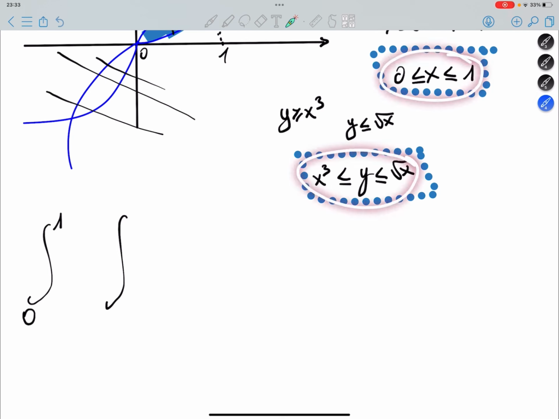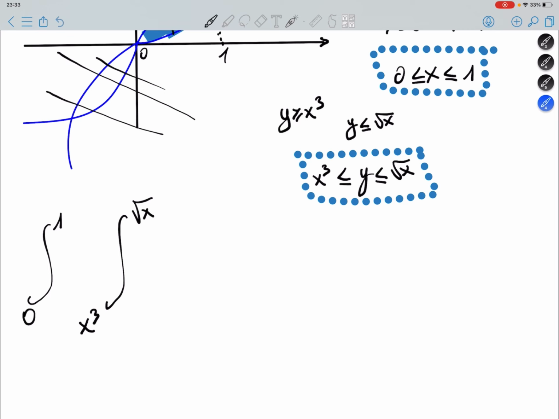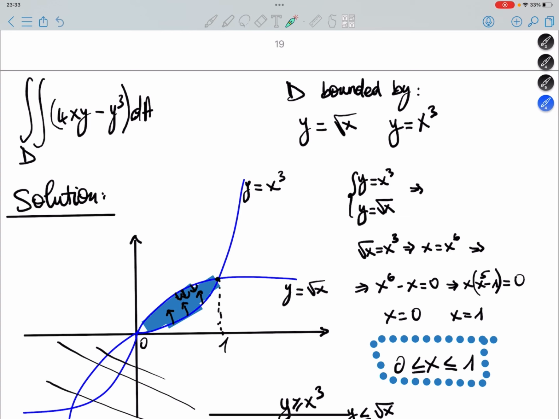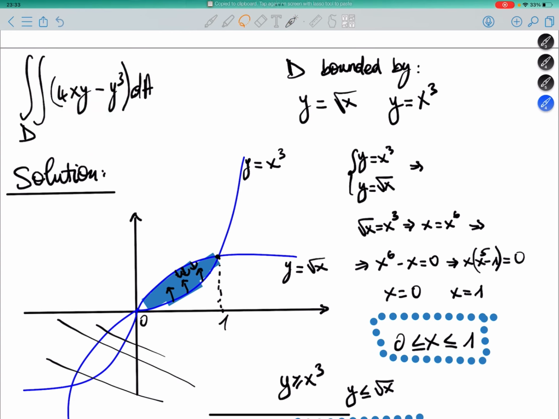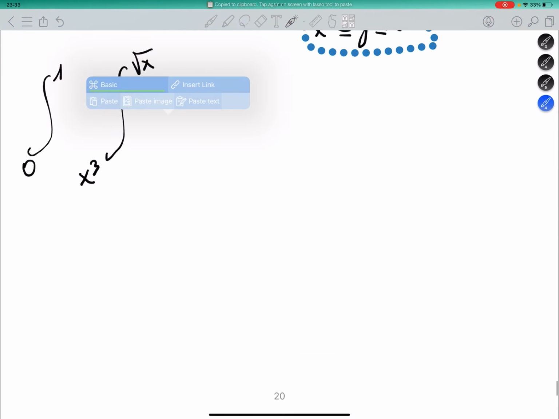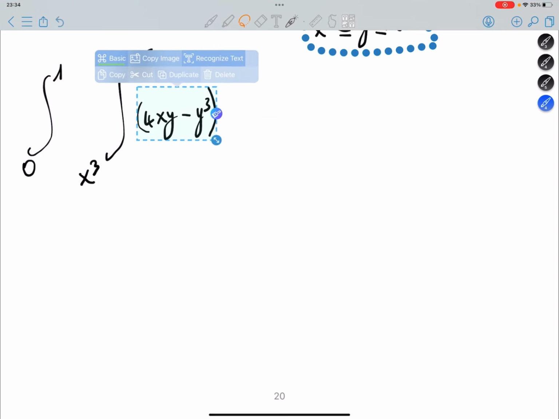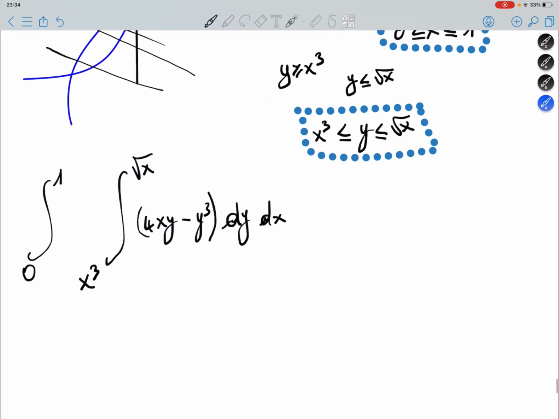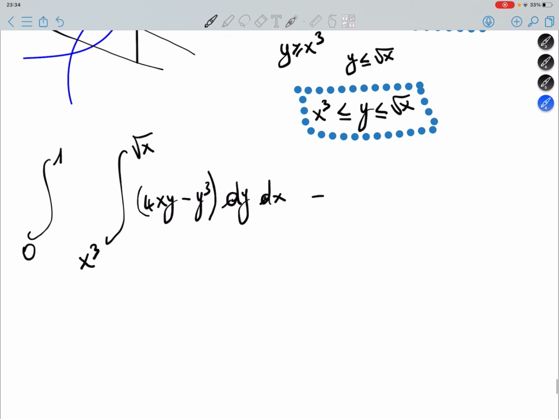Now our y goes from x cubed to square root of x, and then we write our function, which was this one here. You can copy and paste it here, and this is going to be dy and then dx. Now we can solve it.